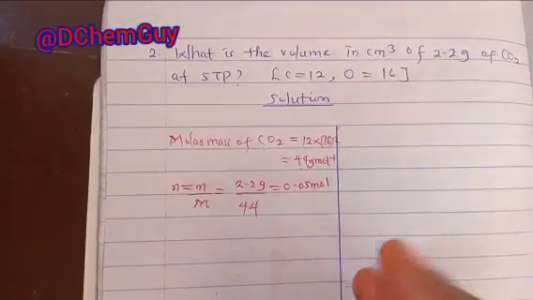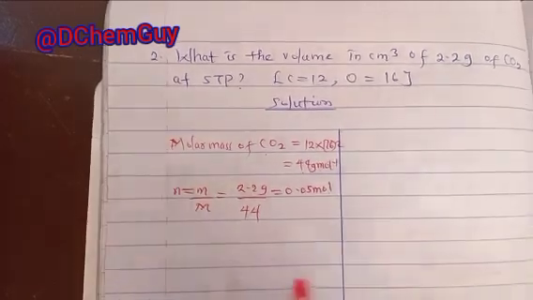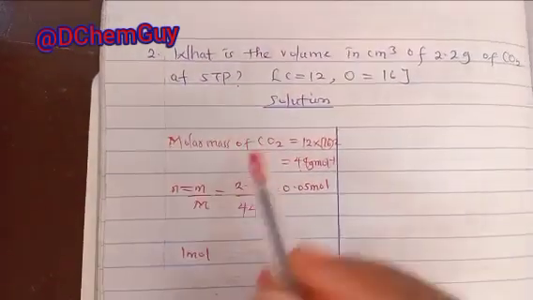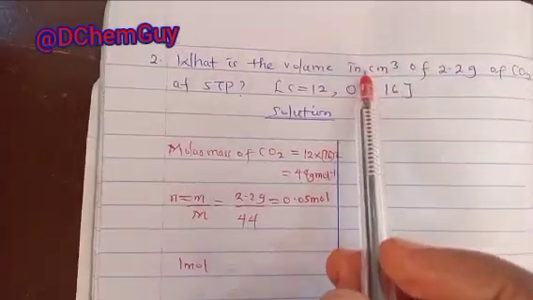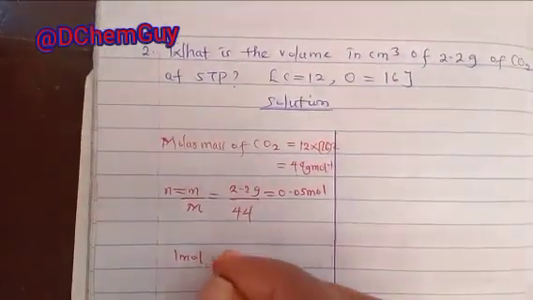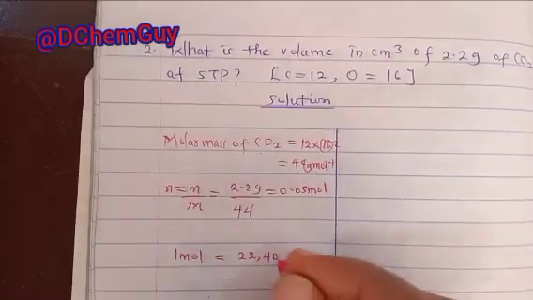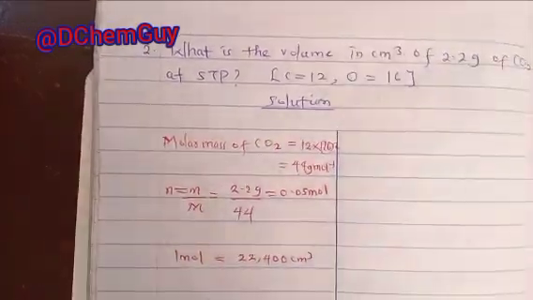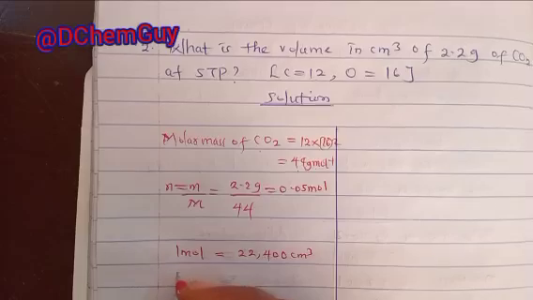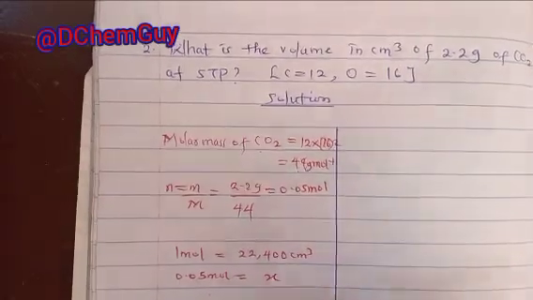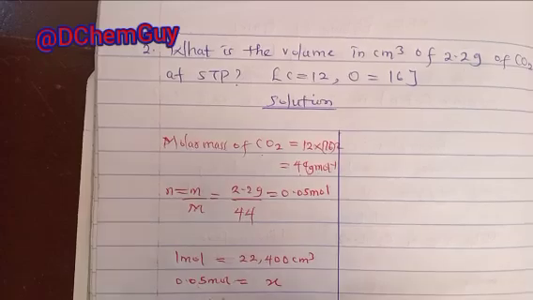Now we compare: 1 mole, but in this case you are asked for cm³, so 1 mole equals 22,400 cm³. Then 0.05 mole equals x.